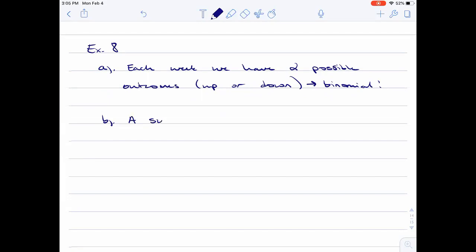A success in this case, we're told let X be the number of weeks among the next 5 weeks in which the index rises. Is the index rising, going up?